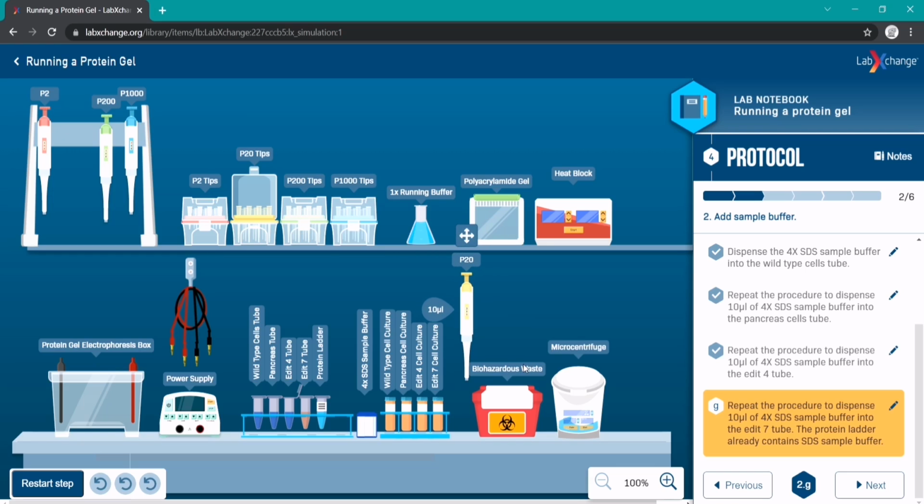Then repeat the procedure to dispense 10 of 4x SDS sample buffer into the edit 7 tube. The protein ladder already contains SDS sample buffer.